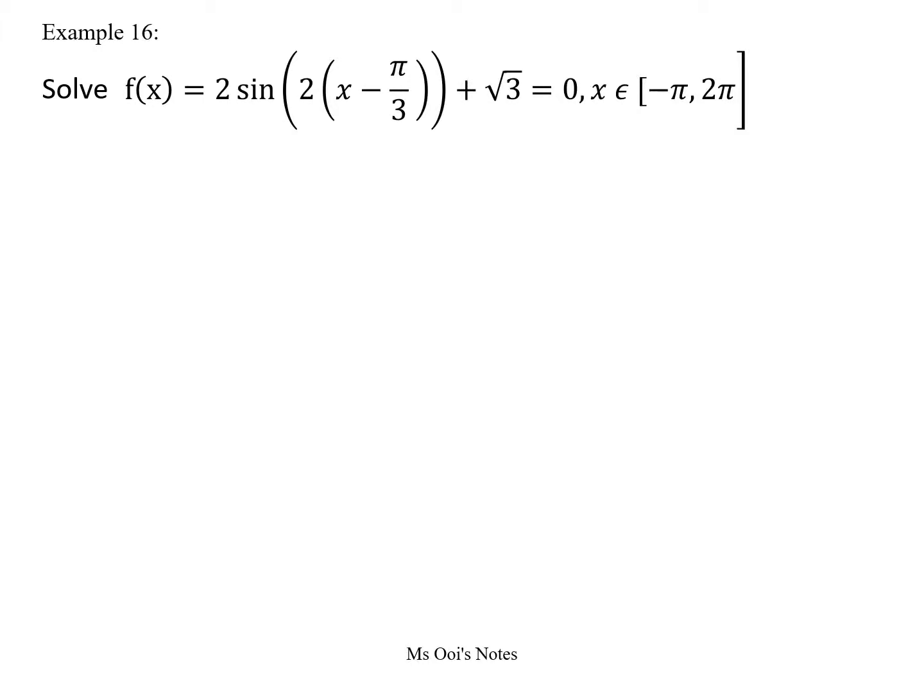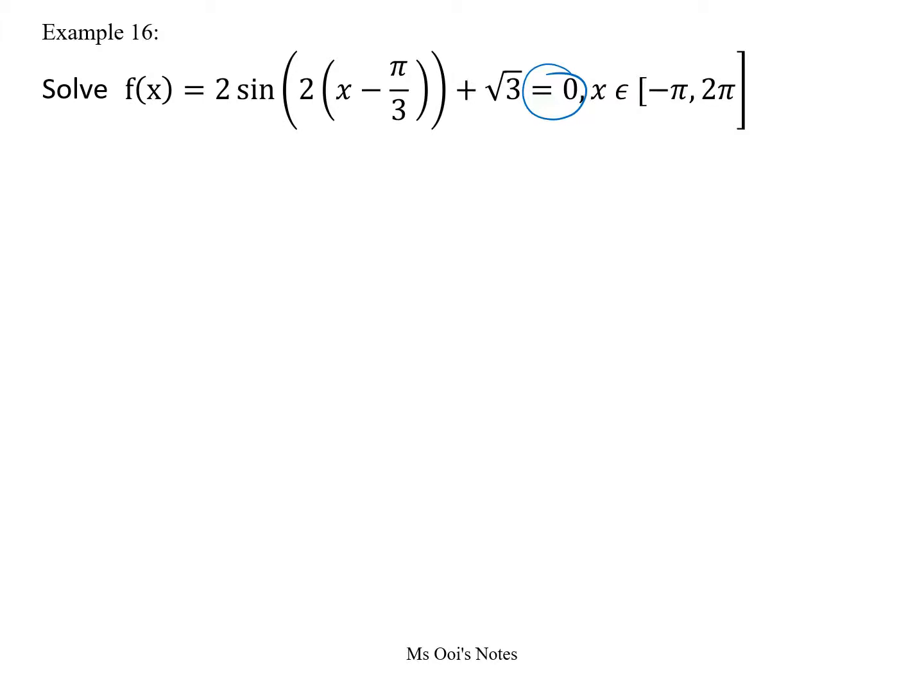All right, example 16. So pause the video, have a go again, and then when you finish, return. All right, welcome back. So now we are given f(x) equal to 0. So what are we looking for? We're actually looking for, if this is a graph, the x-intercept.